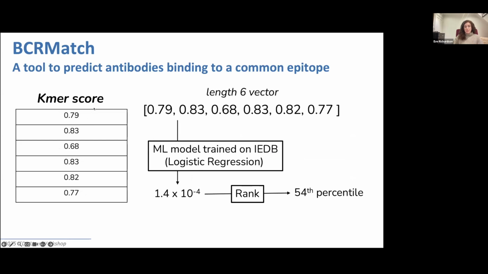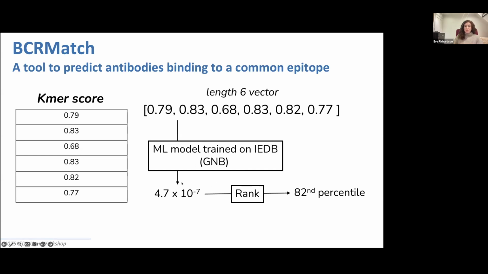This length 6 vector is then used as the input to a machine learning model that was trained on the IEDB. And the output of that then is a score. So there are multiple models. It was 5 models in total that Mahita explored in the BCRMatch work. The ones that are recommended are the logistic regression and then this Gaussian naive Bayes model. But each of these models will produce a different score.